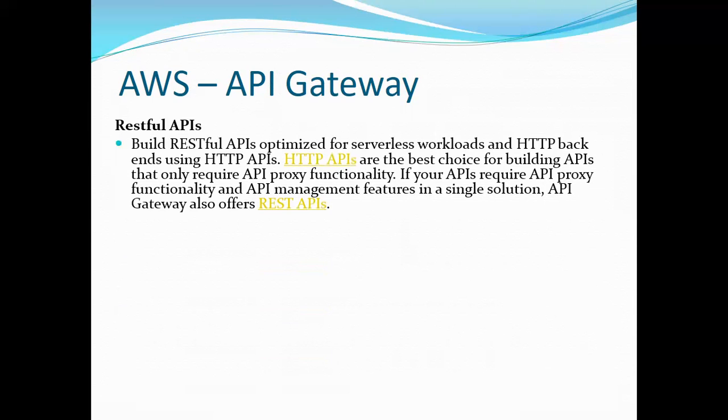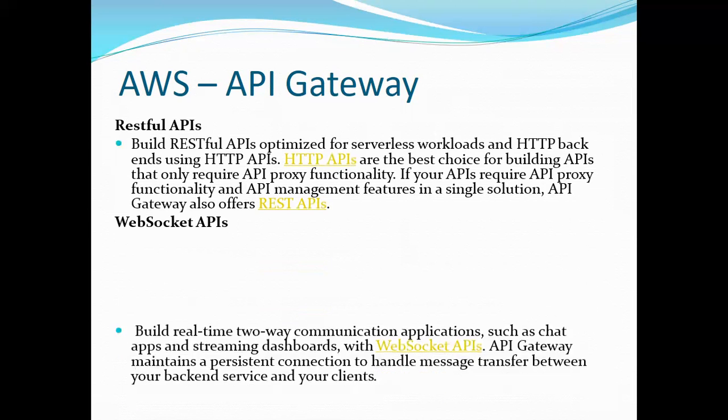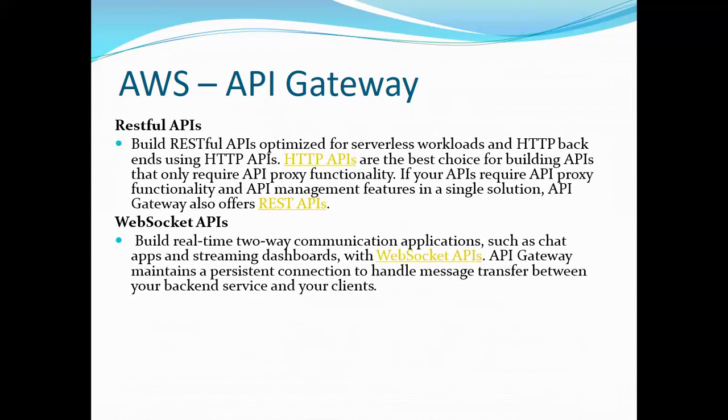So what does API Gateway support? RESTful APIs and WebSocket APIs. What is a RESTful API? Build RESTful APIs optimized for serverless workloads and HTTP backends using HTTP APIs. HTTP APIs are the best choice for building APIs that only require API proxy functionality.